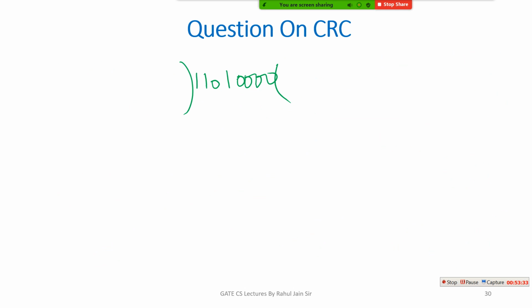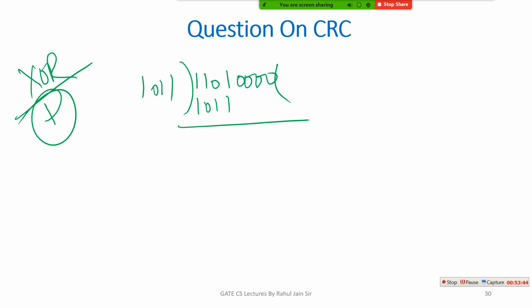What do I get? 1 XOR 1 is 0, 1 XOR 0 is 1, 0 XOR 1 is 1, 1 XOR 1 is 0. Copy all the remaining bits as they are. Focus on the next step. Again apply the XOR operation. In the second step, with 1011: 1 XOR 1 is 0, 0 XOR 1 is 1, 1 XOR 0 is 1, 1 XOR 1 is 0.